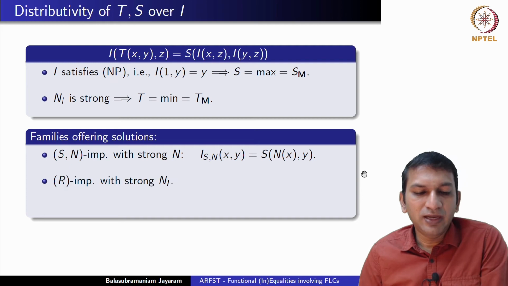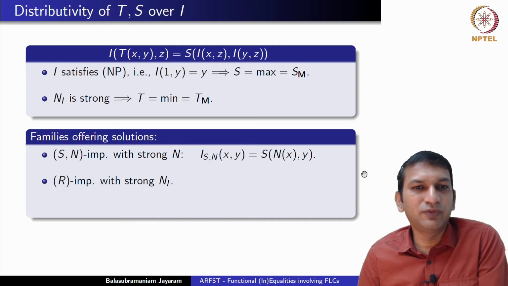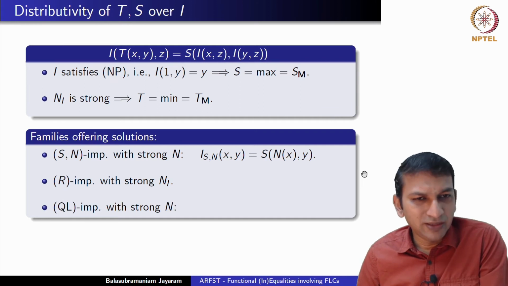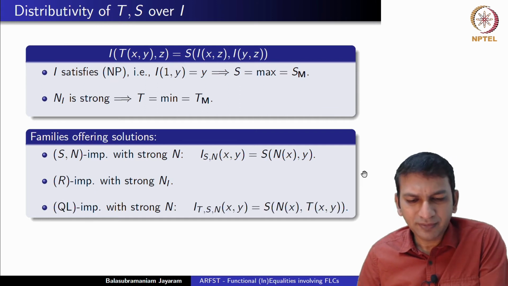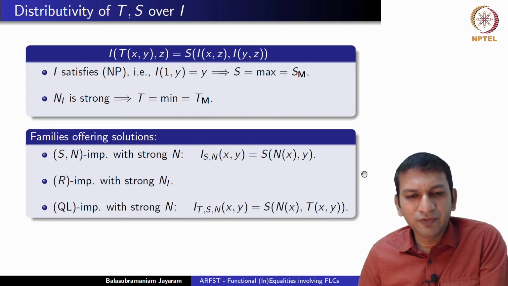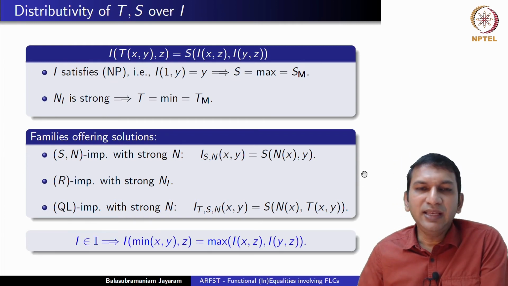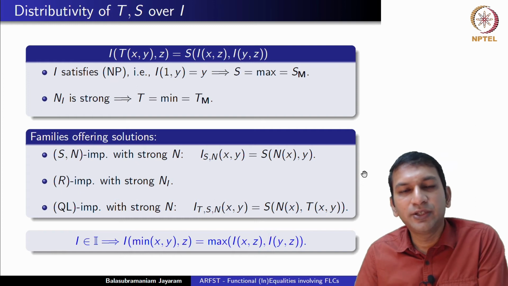Of course, we know that R implications with strong natural negation will fit the bill. Also QL implications with strong negations will also satisfy this equality. Now what is interesting is that, in fact, if we fix T to be min and S to be max, it can be shown that any implication will satisfy this distributivity equation.